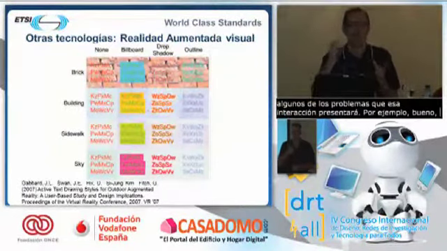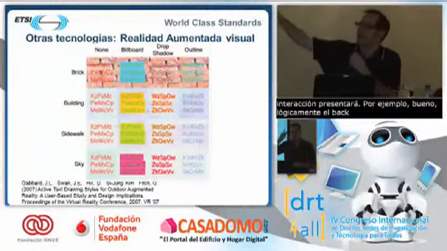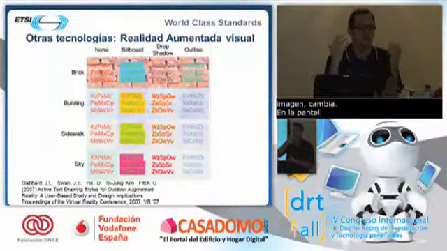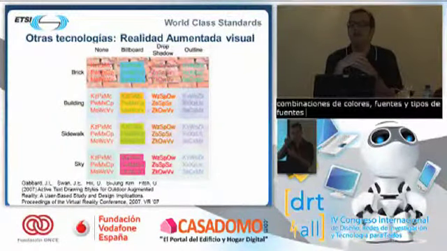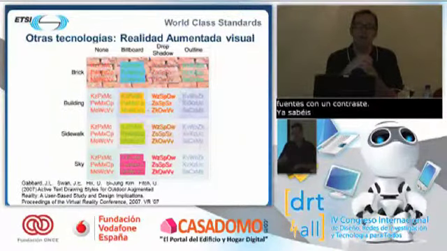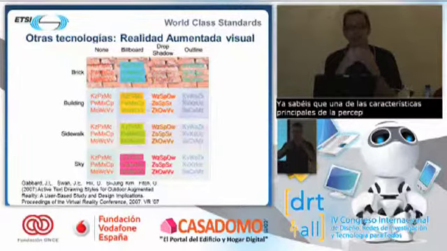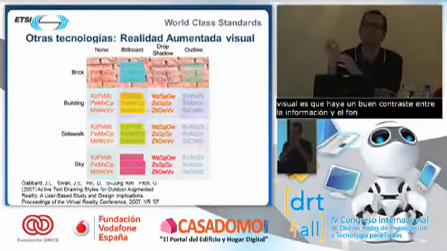For example, logically, I've got the background which changes, and here on the screen we can see different combinations of colors, lettering, and contrast. One of the main characteristics of visual perception is that we need good contrast between the information and the background of the screen.